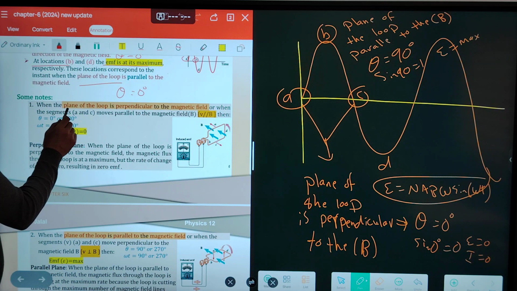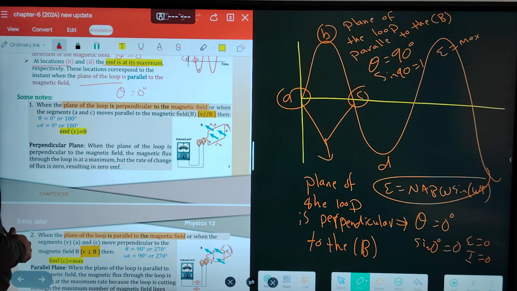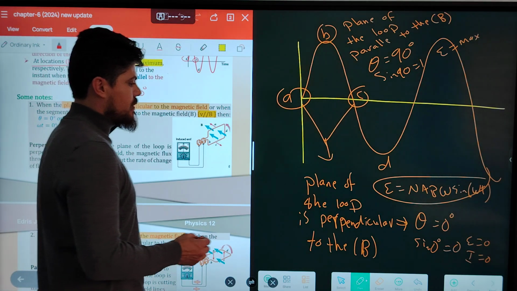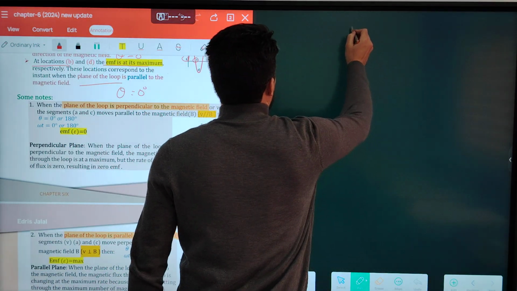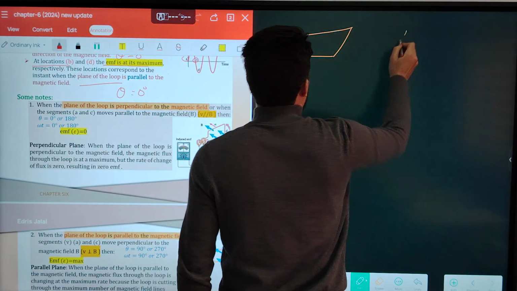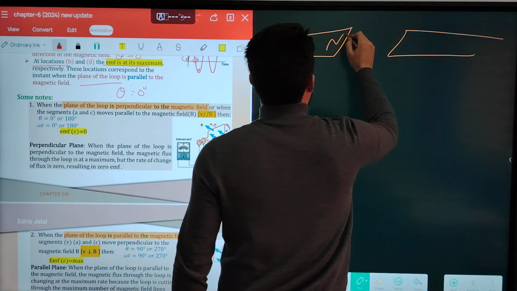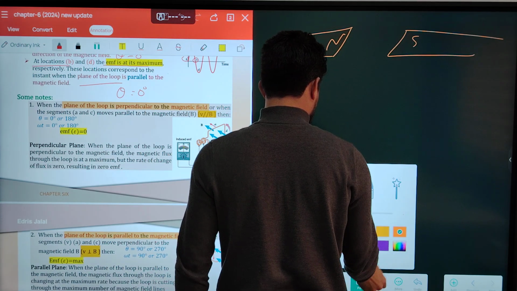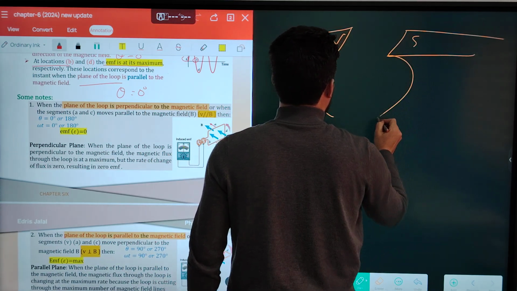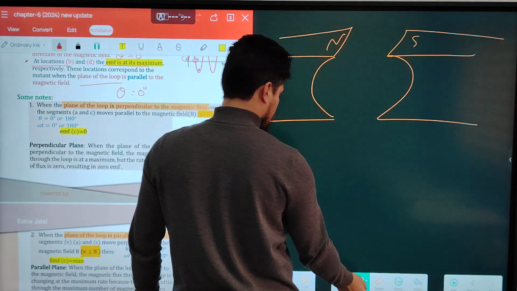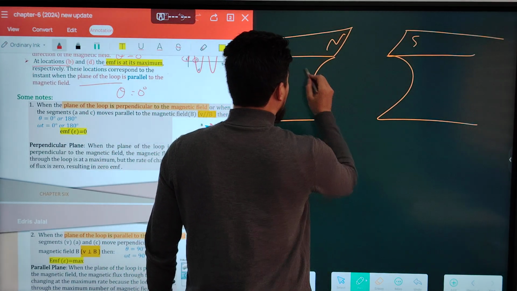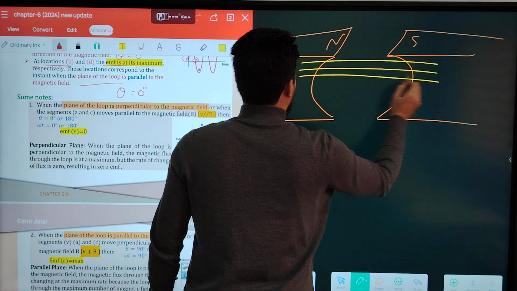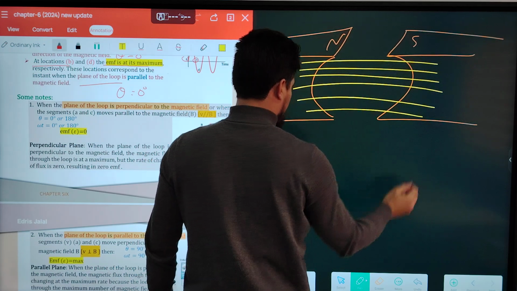Guys, when the plane of the loop is perpendicular to the magnetic field, the segments A and C move parallel to the magnetic field. Look, this is the generator, north, south, and this is the magnetic field.